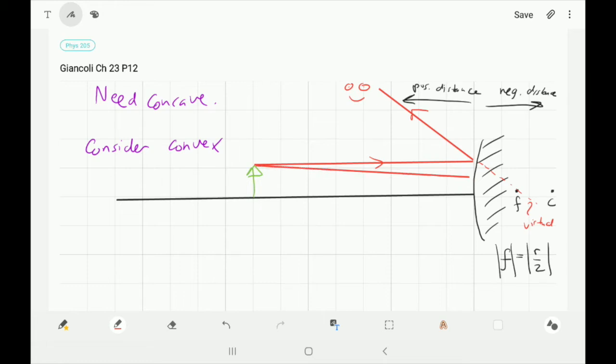When it gets there, it should reflect parallel to that axis. That is to say, this incoming ray was headed toward the focus, but then got deflected away.